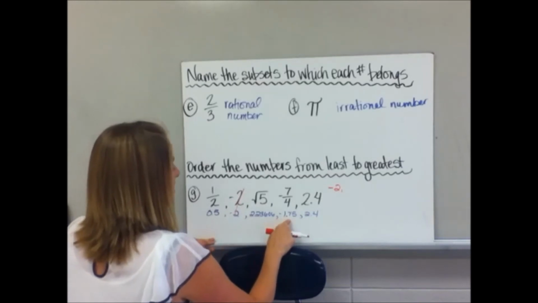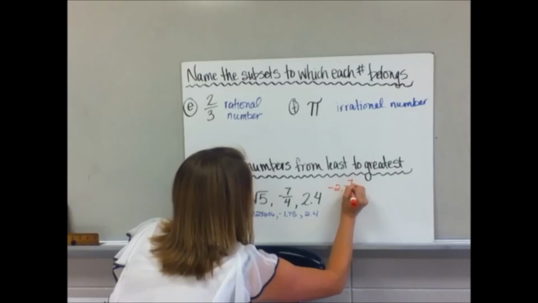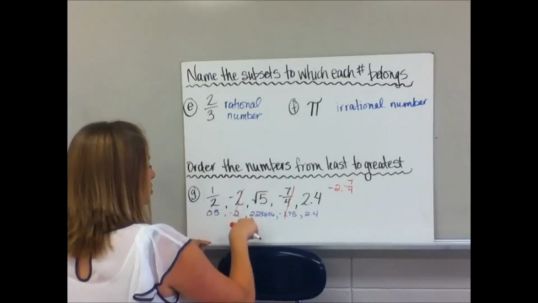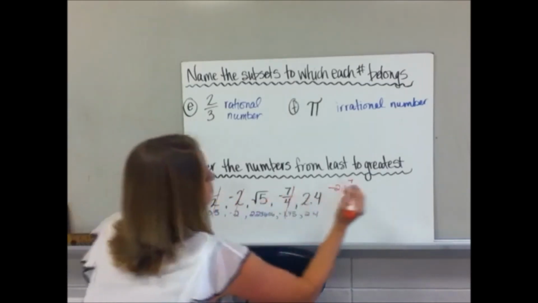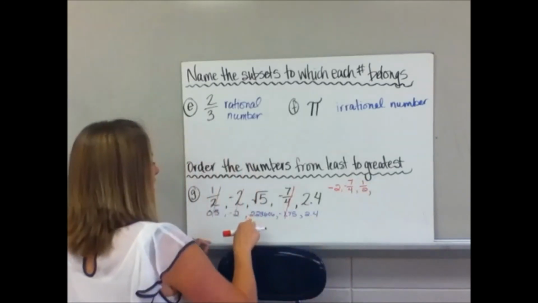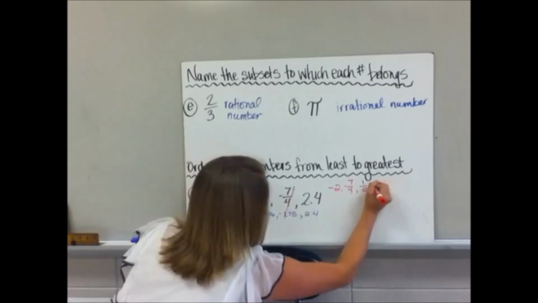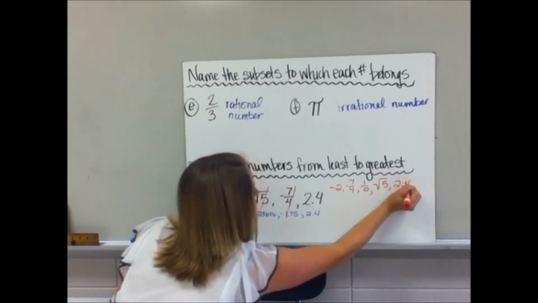Then I'm going to go to the next negative, negative 1.75, which was originally negative 7 over 4. Cross it out. Then I have 0.5, 2.2, and 2.4. 0.5 is less, so let's put that one up there. It was originally 1/2. Then I have 2.2 and so forth, which is going to be less than 2.4. That was square root of 5. And what's left was 2.4.